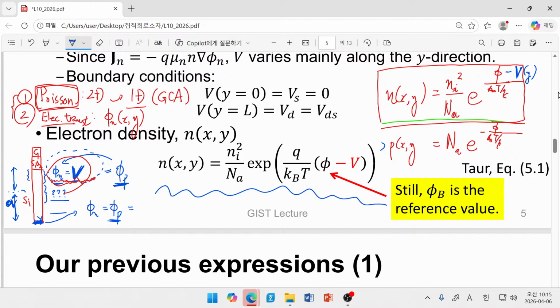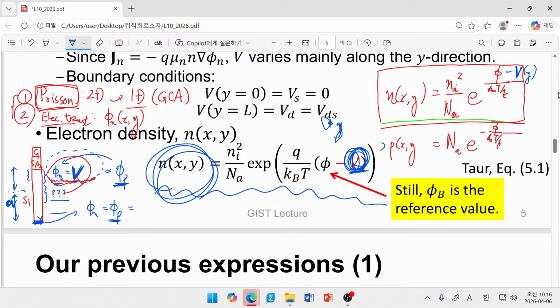Simply speaking, if we have a certain Y position, then you have a non-zero electron quasi-Fermi potential. By using this non-zero electron quasi-Fermi potential, your electron density expression should be only slightly modified.